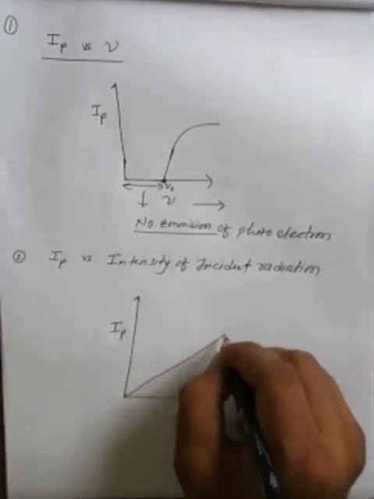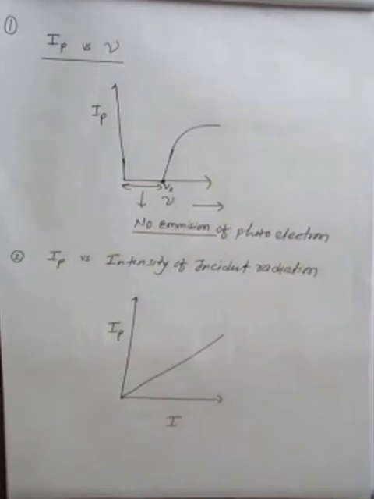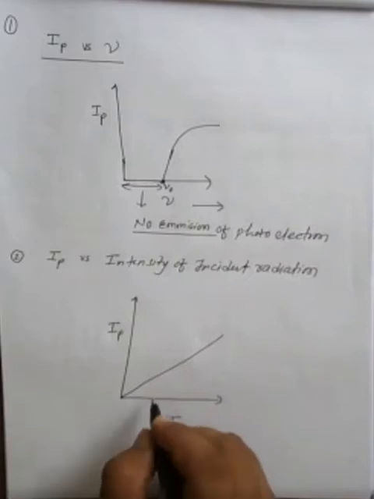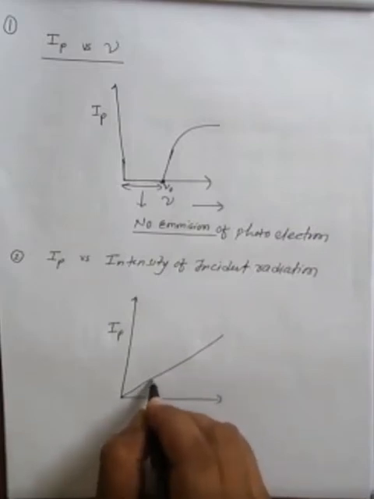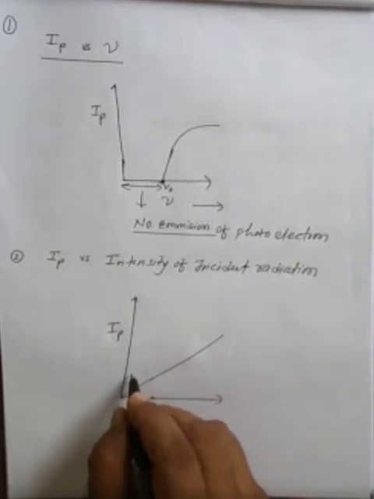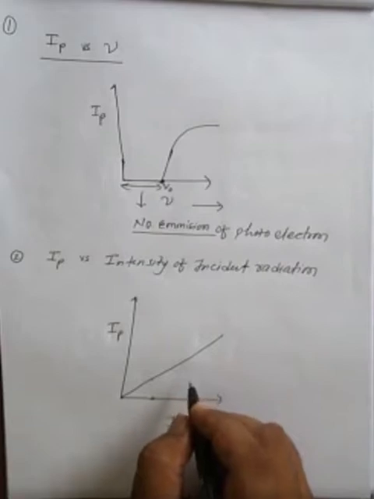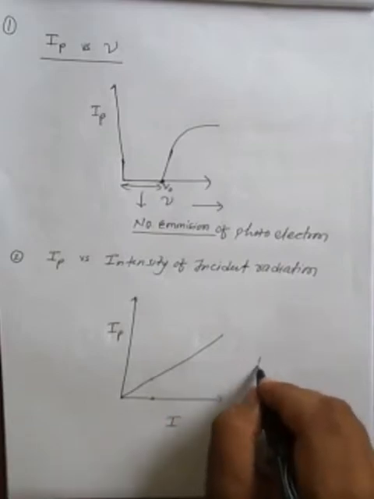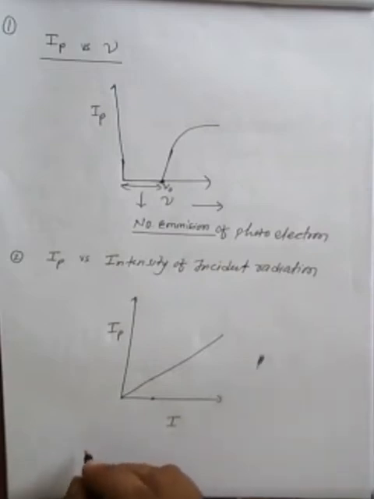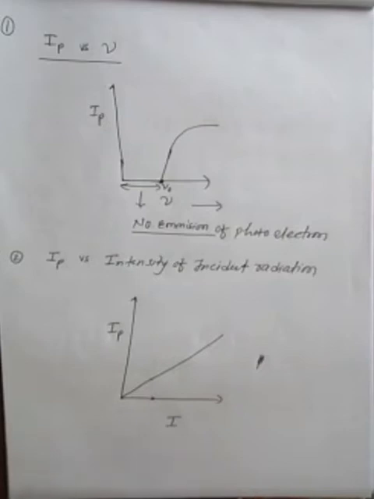They observed a linear relation between IP and intensity. It means when we increase the intensity of the incident radiation, the current in the circuit also increases, meaning the photoelectron emission increases with increasing intensity of radiation.